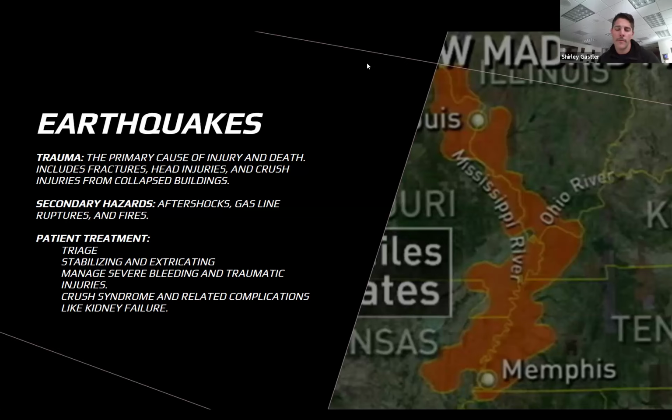So if you have an earthquake that's an 8 on the Richter scale, that's actually 32x what a 7 on the Richter scale is. So it goes up significantly from one level to the next, but also the aftershocks.